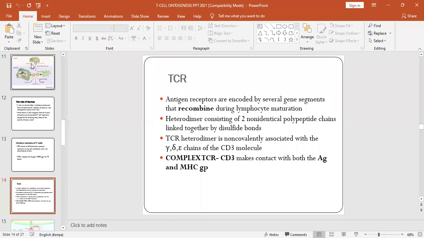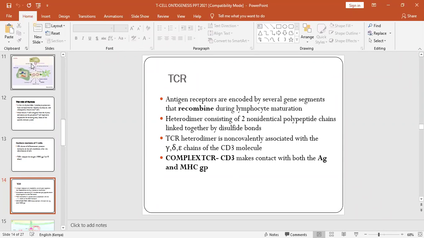I've mentioned that these are very important in recognizing a wide variety of antigens on account that they are able to recombine. When the T cell receptors recombine, they can recognize a billion or many different types of antigens because of this property of gene rearrangement. And that is synonymous with the B cell receptor specific for the B cells.